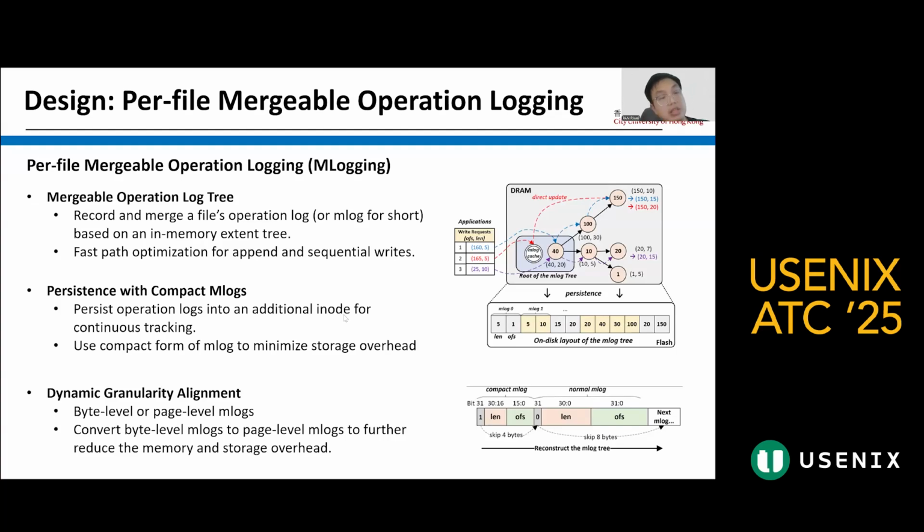And if we increase the byte-level units to page-level units, of course, the mlog will be significantly reduced. But this is a trade-off. It means that we cannot upload the file data as accurately at page level, and we also design a simple transform to do this conversion.